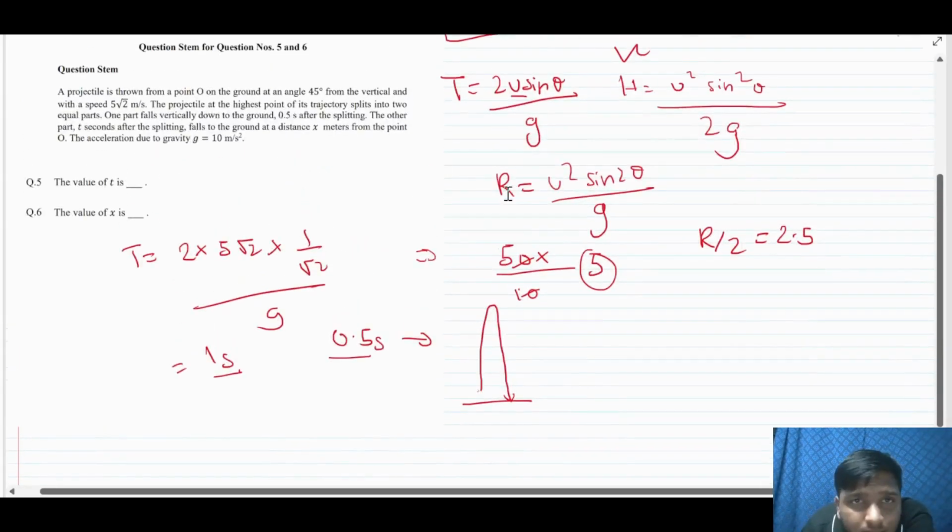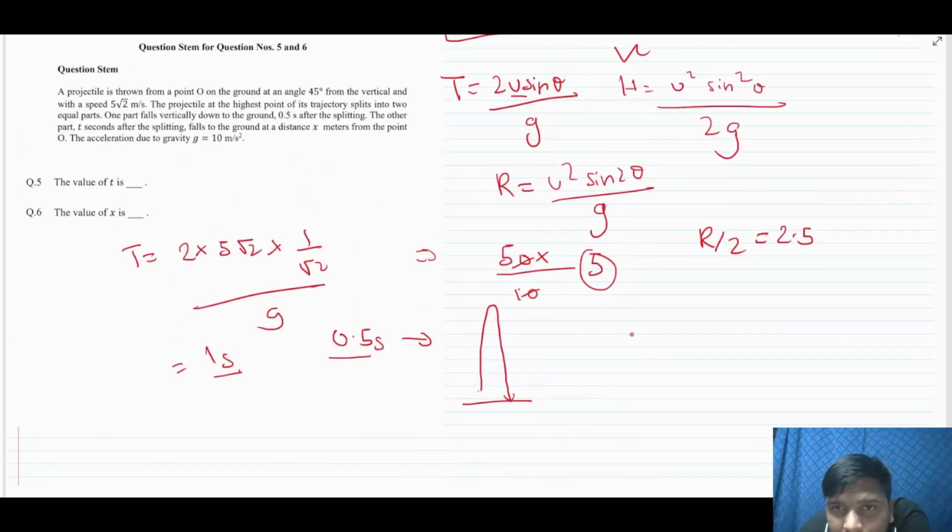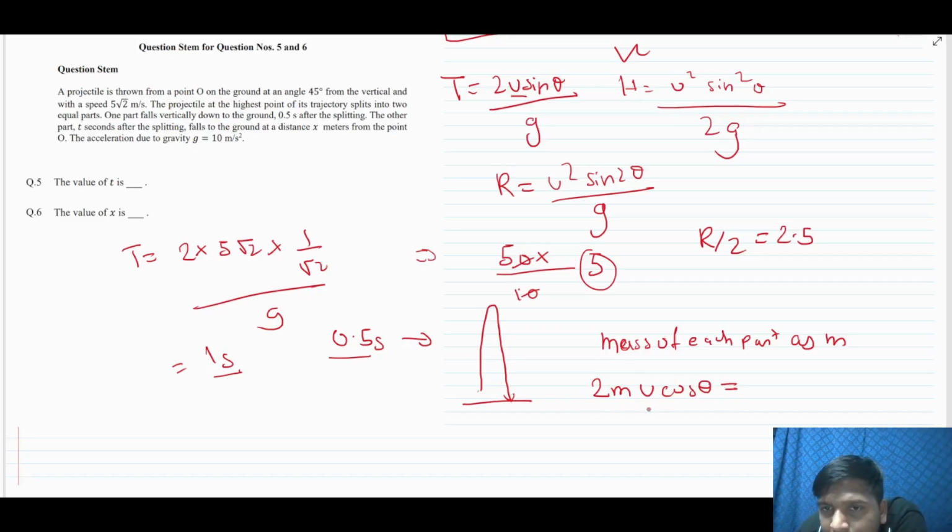Suppose we consider the mass of each part as m. Then the combined mass 2m was moving with u cos theta initially, and when it breaks, the x component of the velocity of one mass becomes 0, and the other keeps some velocity v. This mass goes further, and the other mass comes to rest in the x direction, there is no velocity of this part. So we have to calculate v here.